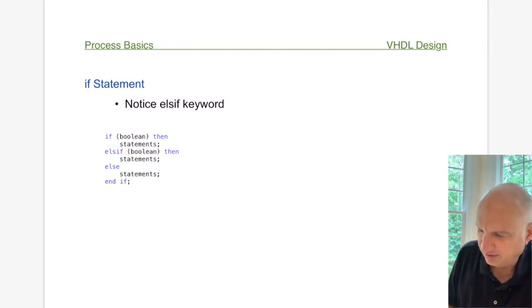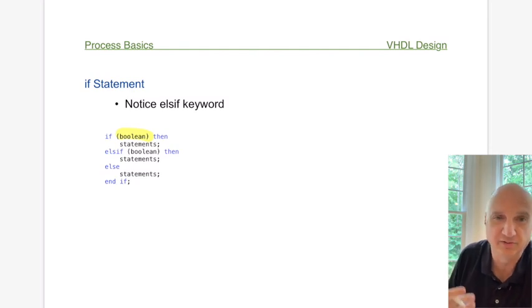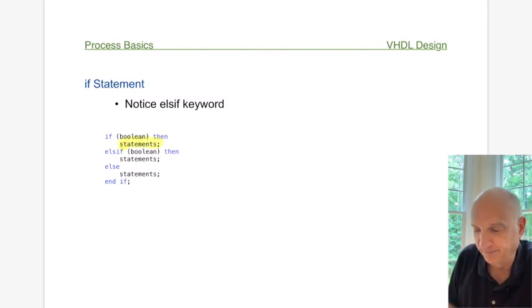But it works just like any other statement. In the if statement, you have an expression that evaluates to a Boolean, true or false. Typically, you would use something like a comparative operator where you would say if this equals that, or this is less than or equal to that, and then that will evaluate to true or false. When that condition is true, obviously it will execute the statements inside that block.